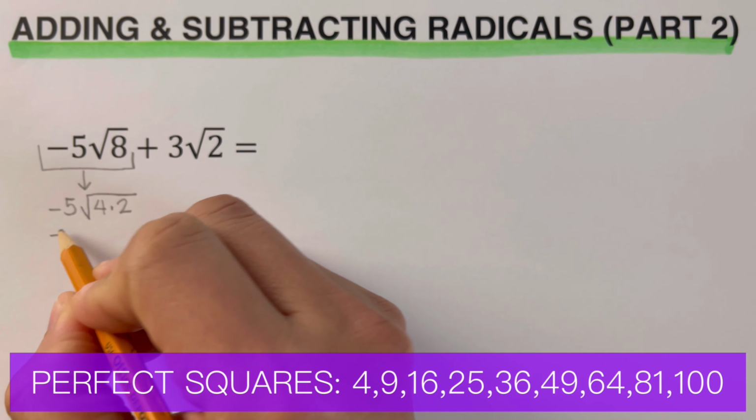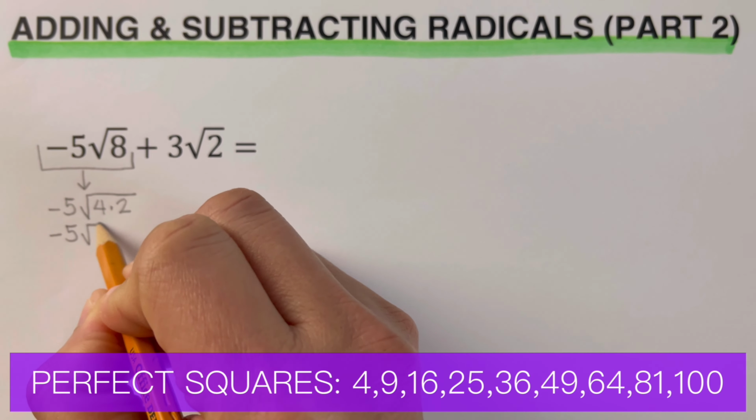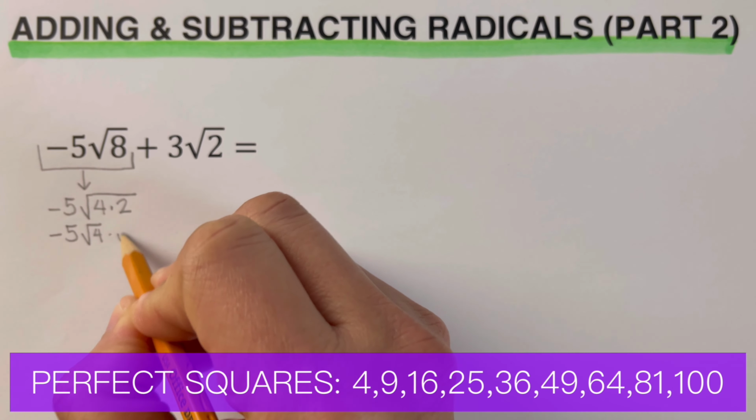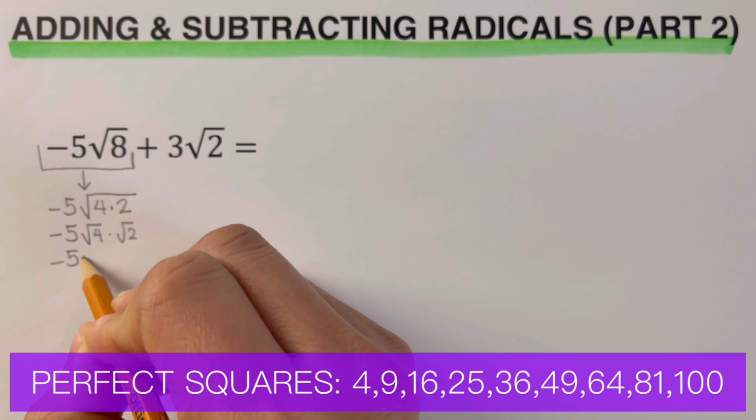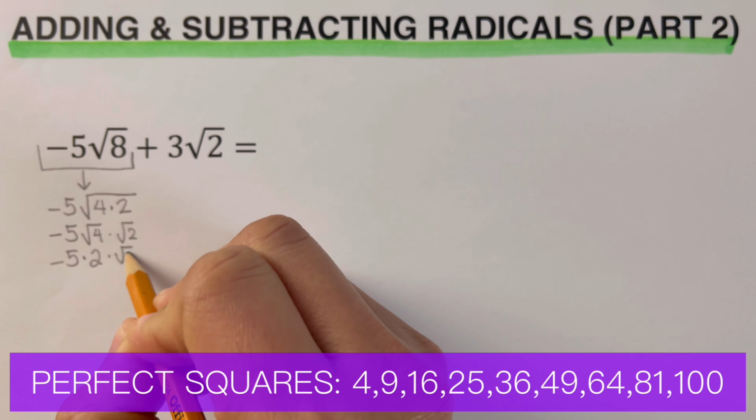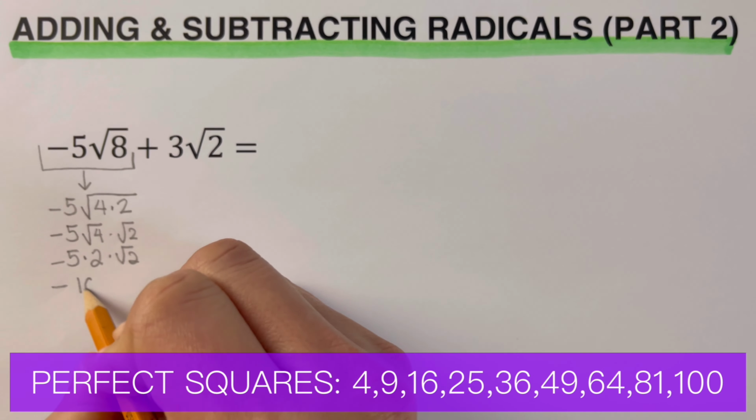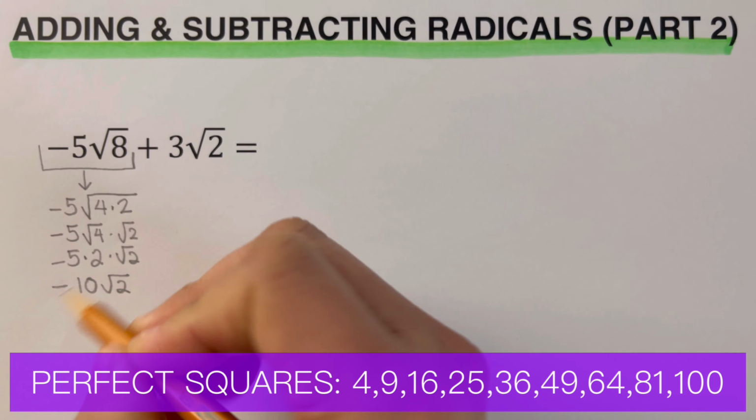So this comes out as 5 square root of 4 times square root of 2. Then 5 square root of 4 is 5 times 2 times square root of 2, so this comes out 10 square root of 2, which is negative.